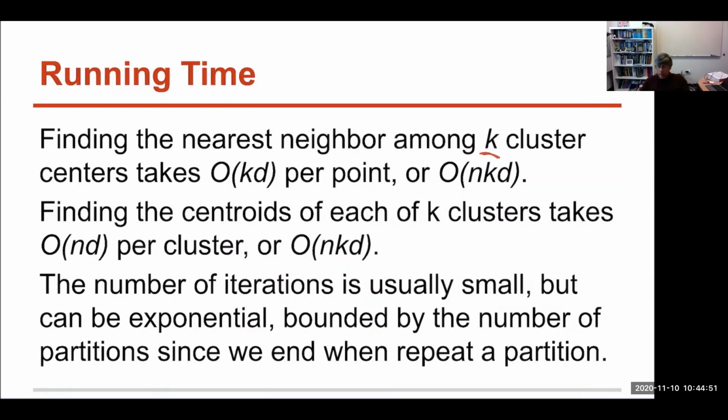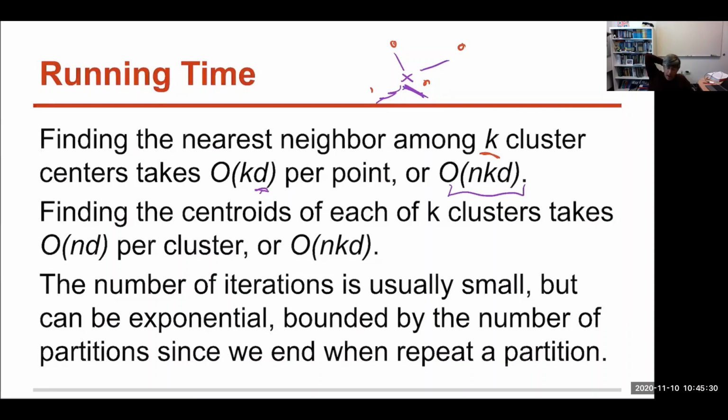For each one of my points, to tell for a given point x which cluster center is closest, I'm going to have to do a distance calculation, which takes time proportional to the number of dimensions. I'm going to do that against all k cluster centers. If I do that for n points, that is the cost of each round of finding the nearest center.